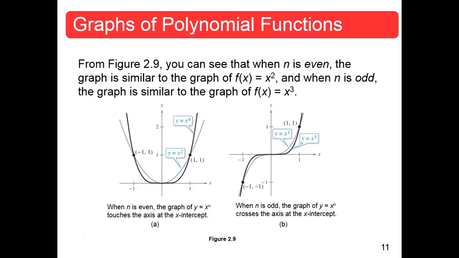But if you use x cubed, the cubic function, again, you have 3 points in common for all these power functions that are odd. 0, 0 is always going to work. 1, 1 is always going to work, just like it worked here. But now negative 1 will produce a negative 1, because if you raise a negative number to an odd power, it goes minus, plus, minus, plus, minus, so every odd power is going to be negative.